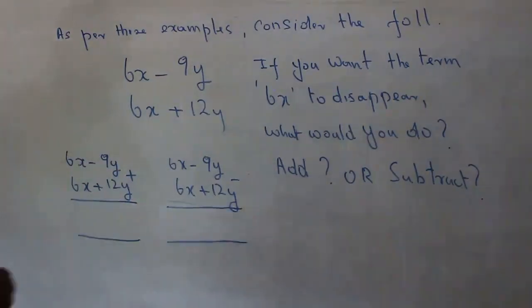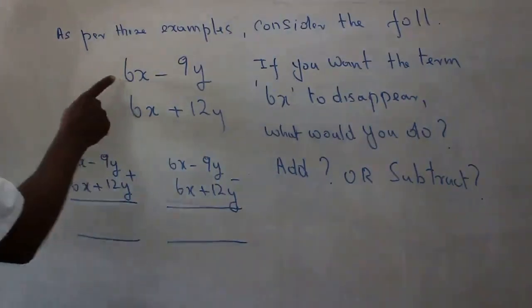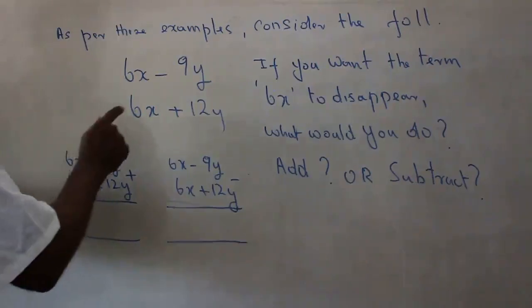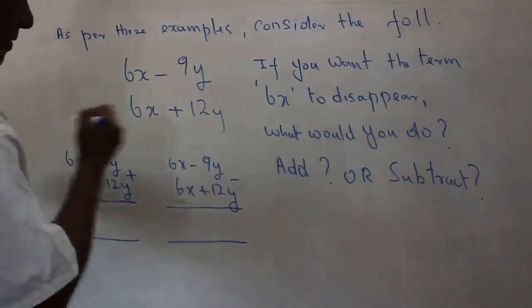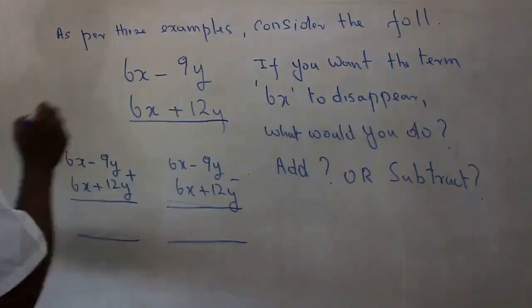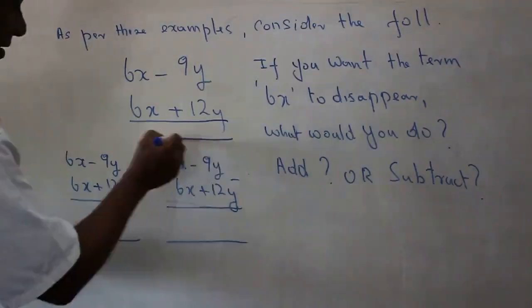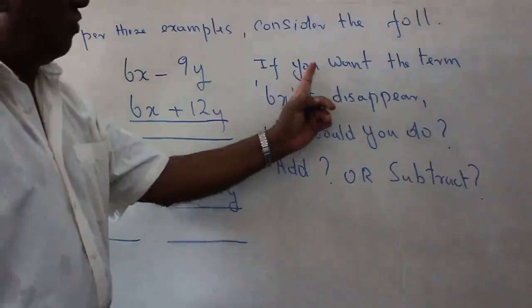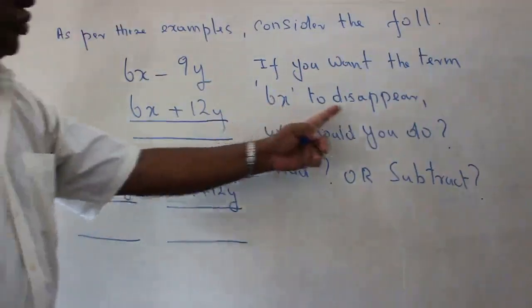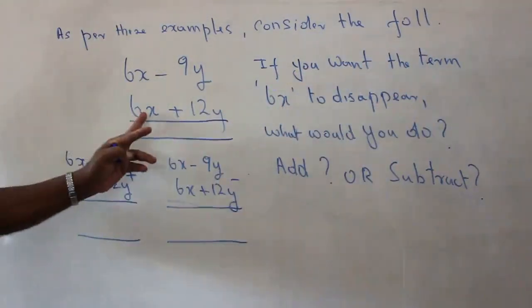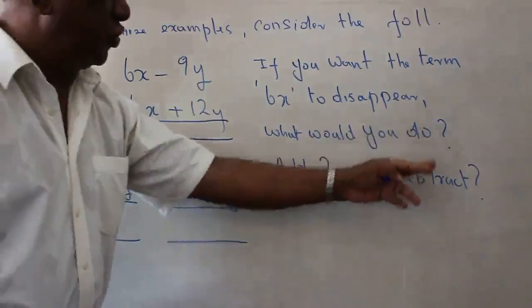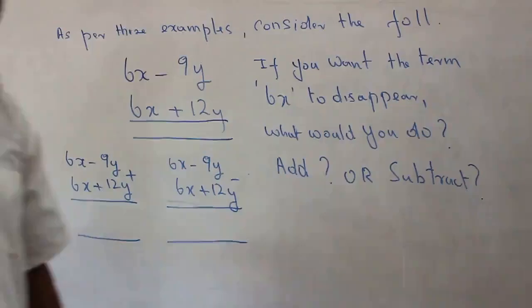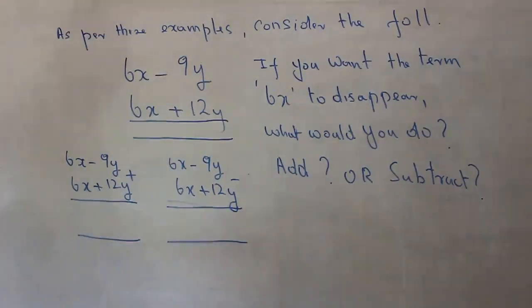Now I am going to give you these expressions: 6x minus 9y, 6x plus 12y. You can draw a line here, and there may be another line there. It's okay. Now the question is this: if you want the term 6x to disappear, what would you do? Would you add or would you subtract?